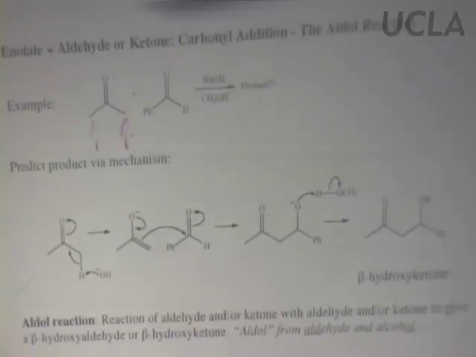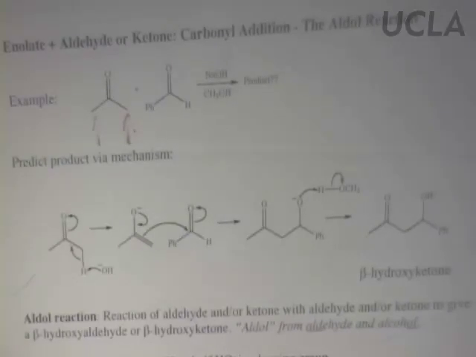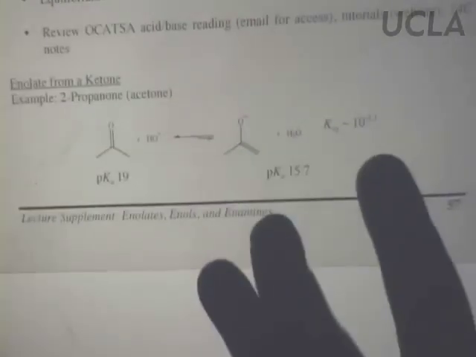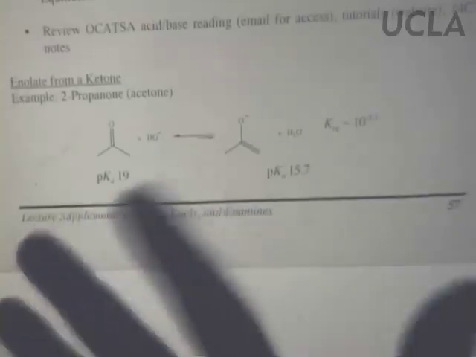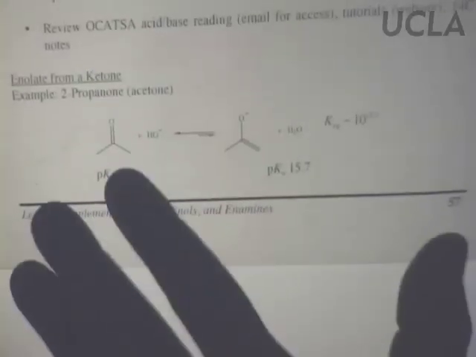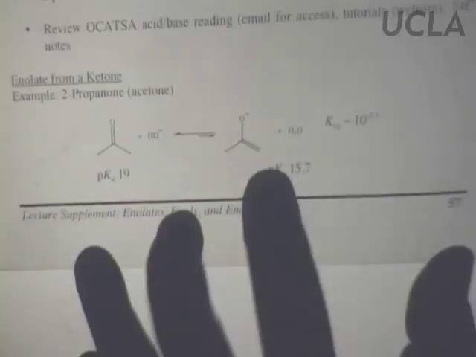Hydroxide and acetone, right? We saw that equilibrium. That equilibrium is actually on page 57, right here at the bottom. So there's our equilibrium. Acetone plus hydroxide, equilibrium constant 10 to the minus 3.3. In other words, when this comes to equilibrium, only 1 in 1,000 acetones have been converted to the enolate.